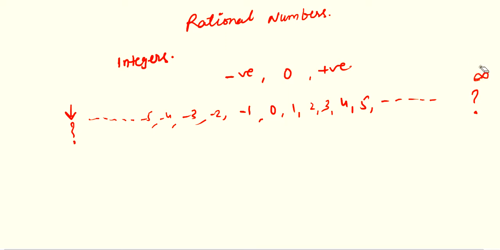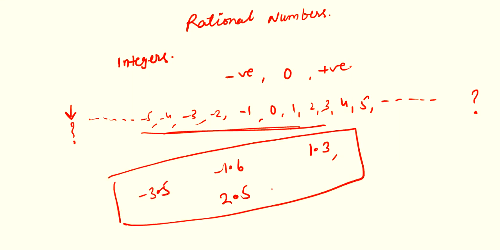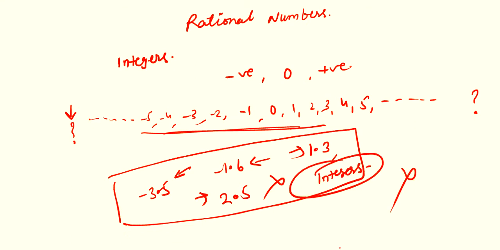Clear? As you can see here, we have digits only. We do not have numbers like 1.3 or -1.6 or 2.5 or -3.5. That means these are not considered integers.